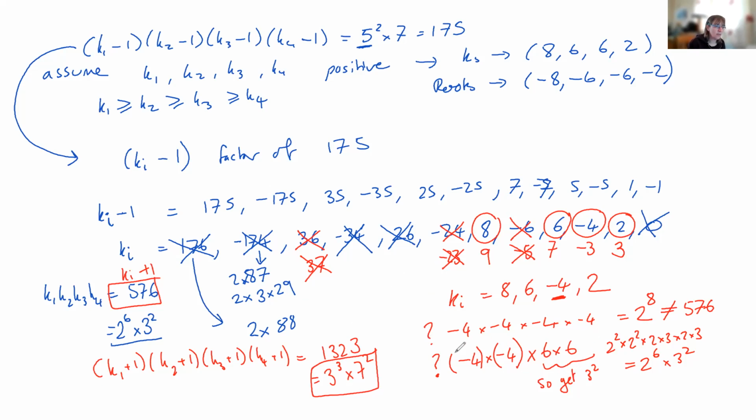Do we know that if I take these roots, I will get 175 if I multiply my k i minus 1s? So these roots go back to these values of k minus 1.